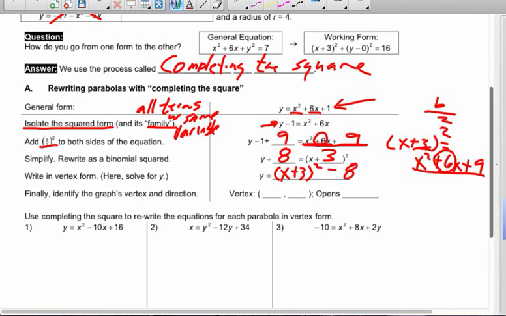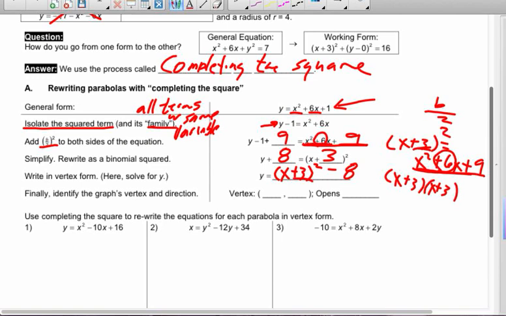So if you're still confused on where I went from here to here, remember that x plus 3 times x plus 3 is my x plus 3 squared. And that gets me this x squared plus 6x plus 9. And the whole point of rewriting it was to have you guys see the relationship between b over 2 and this factored form right here.